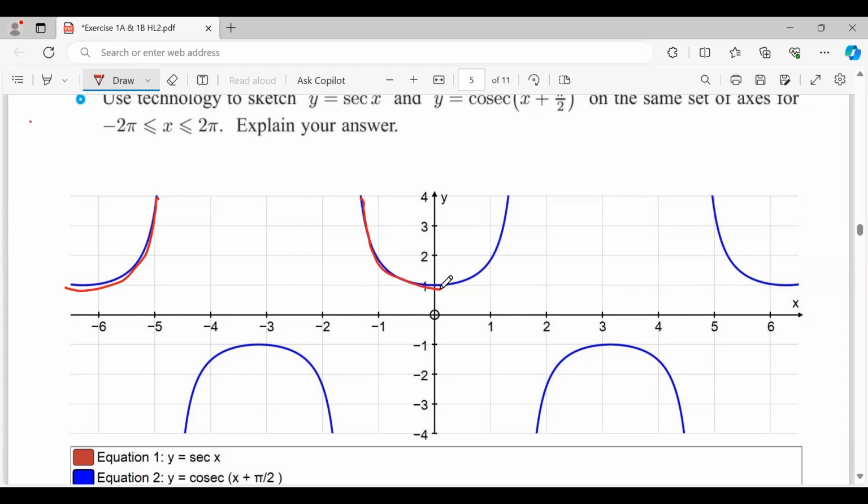Because they have same coordinate points.